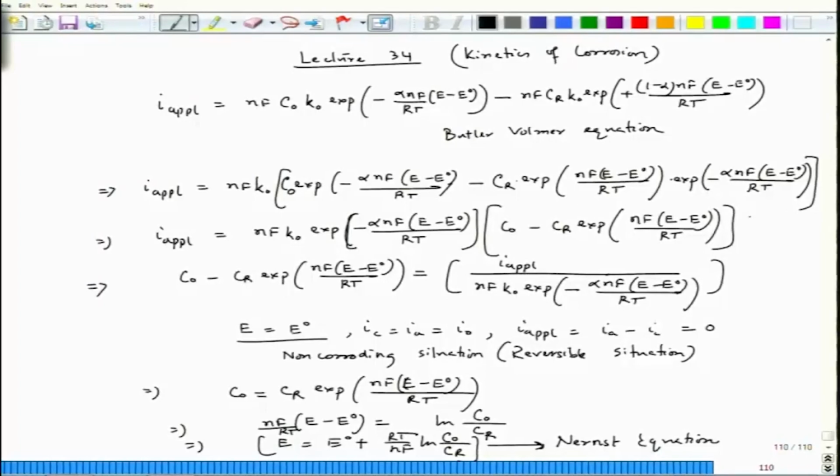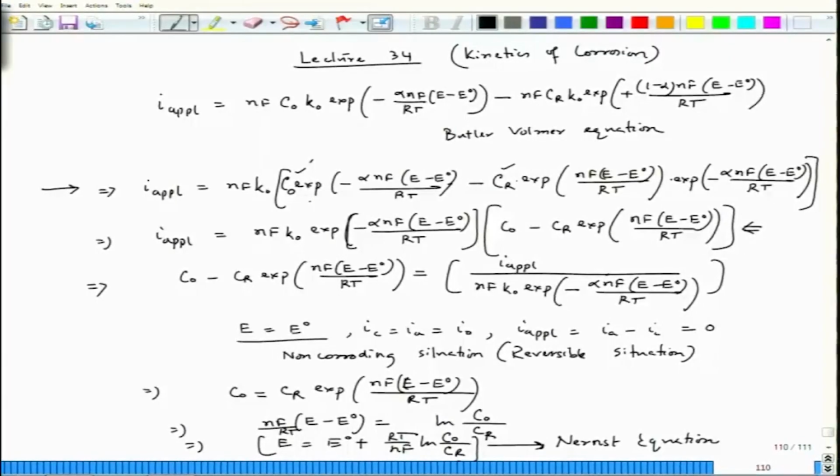So, this particular condition or the equation we are seeing has two components, one is C_O and C_R. Now, if we assume that C_O and C_R are the same values, physically it means that the concentration at the interface for oxidant and reductant are not changing and they have the same value.